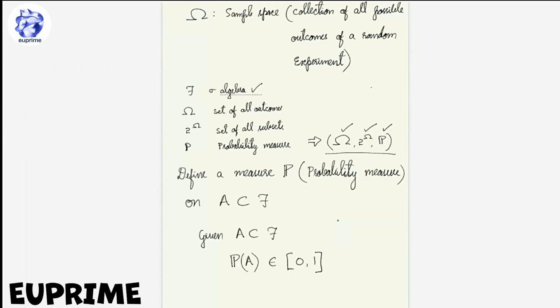Something that you can probably remember. So you're defining a probability measure on A, which represents the event on sigma algebra F. Because the event A is a subset of the sigma algebra, we can compute the probability of that event, which belongs to the real line, the closed interval from 0 to 1.